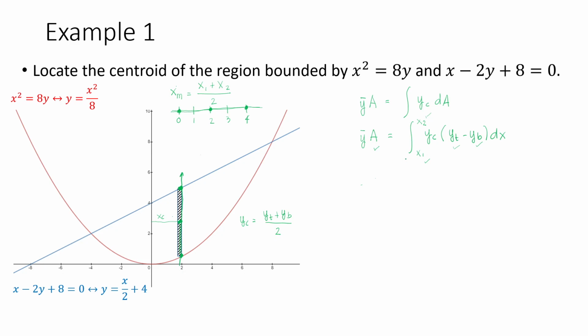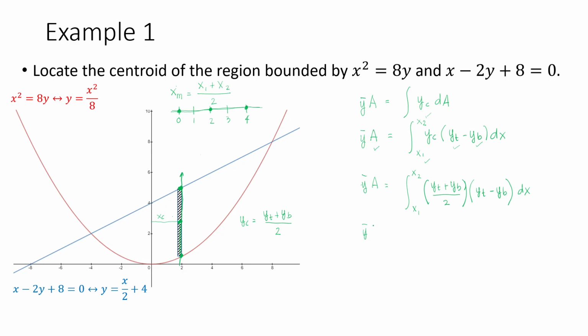Okay, so the formula further simplifies to y top plus y bottom divided by 2, and then y top minus y bottom dx.